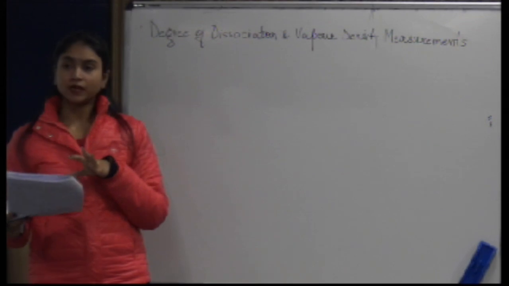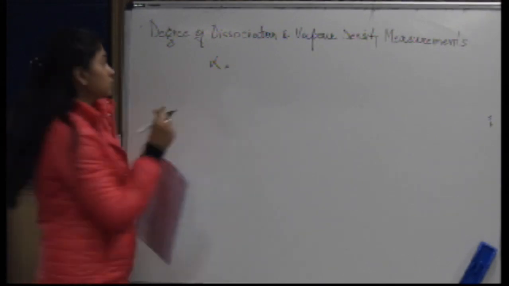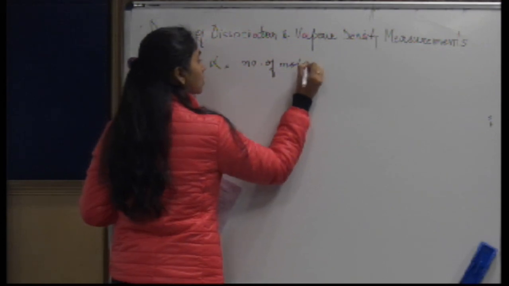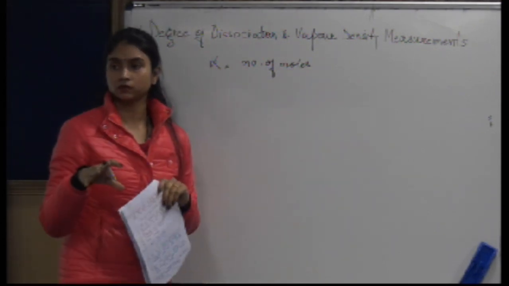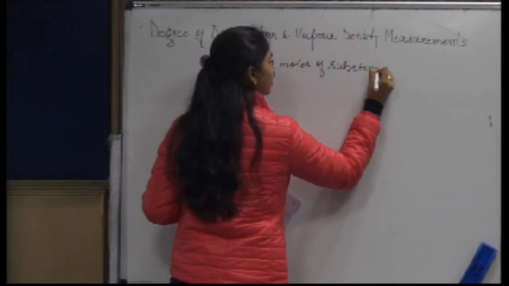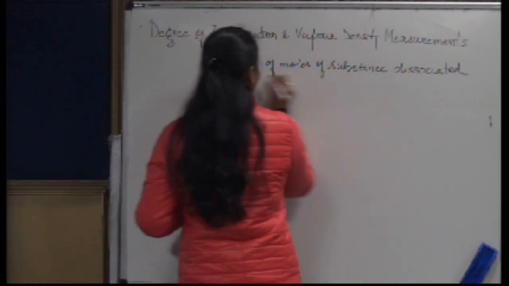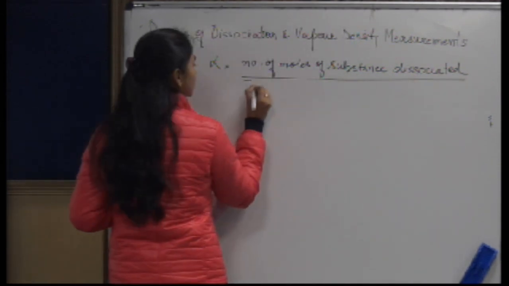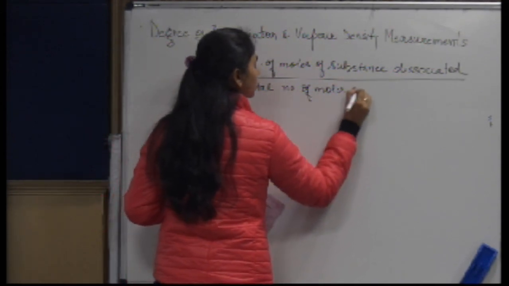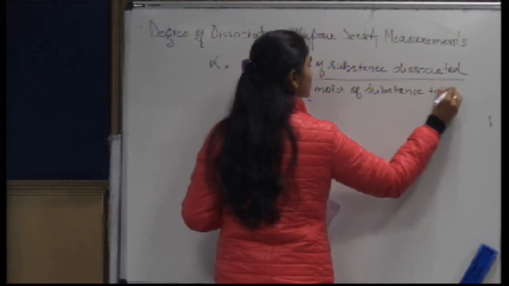Now what do we mean by degree of dissociation? It is represented by alpha, that we know. Degree of dissociation means the number of moles of the substance dissociated, divided by the total number of moles of substance taken.